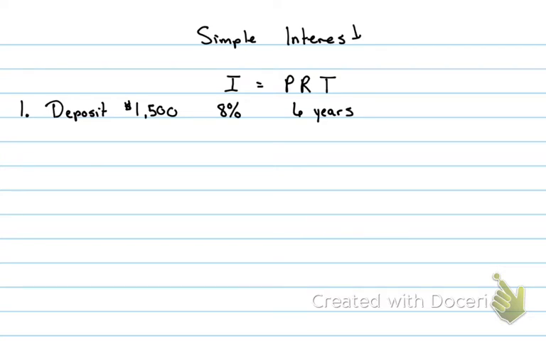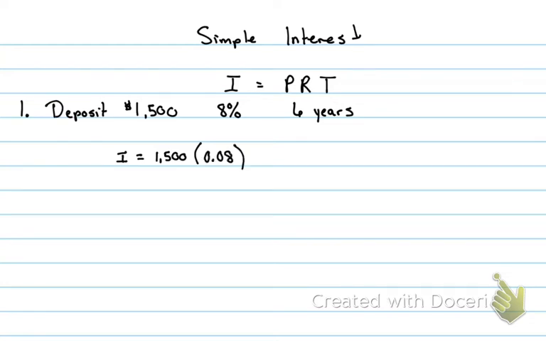Okay, how much interest is earned after 6 years? Go ahead and solve that part first. Okay, so I don't know the interest. What was my principal amount? 1,500 times my rate, but what must I change my rate to? Have to change it to a decimal.